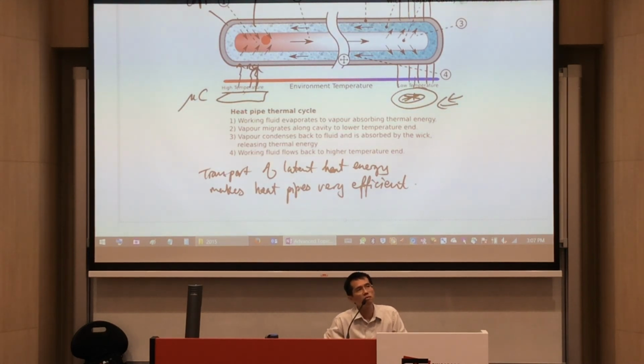Have you seen in Singapore those pedestrian overhead bridges? Have you ever seen what is below the bridge after a rain? Do you see that under the bridge it's kind of wet? Even though the rain is falling from the top, why is it wet at the bottom?